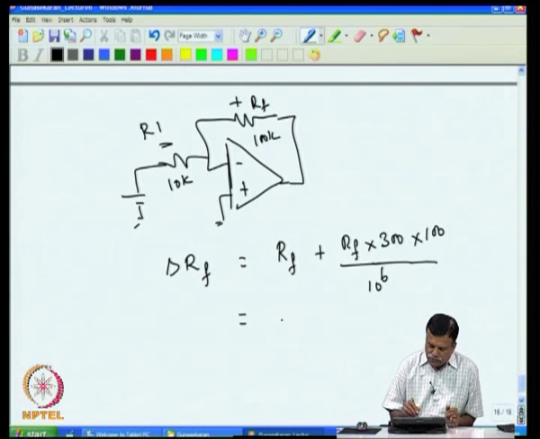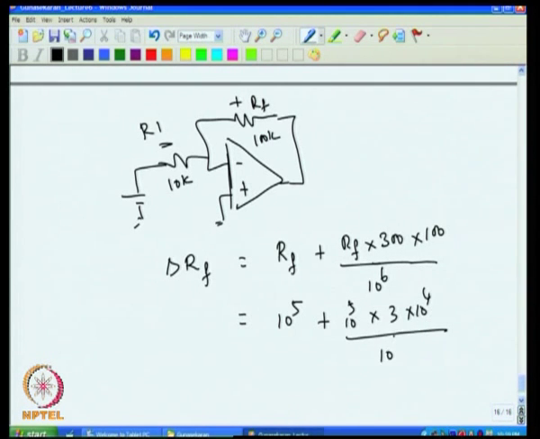So, if I take RF as 100 K, that is 10 power 5, then this becomes 10 power 5 into 3 into 10 power 4. I combine these two and get 3 into 10 power 4 divided by 10 power 6. That comes out to be 100 K plus 10 power 5 into 3 into 10 power minus 2.